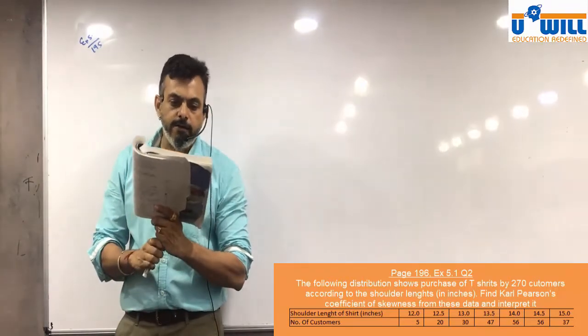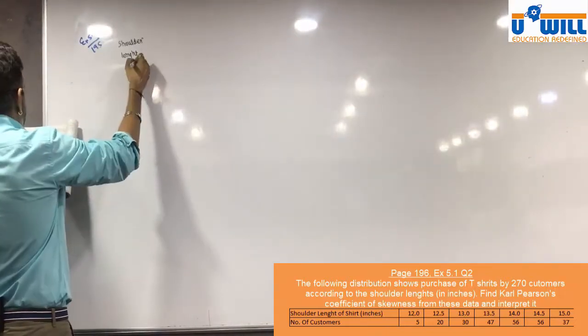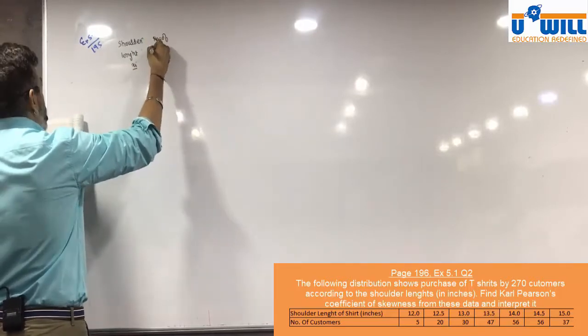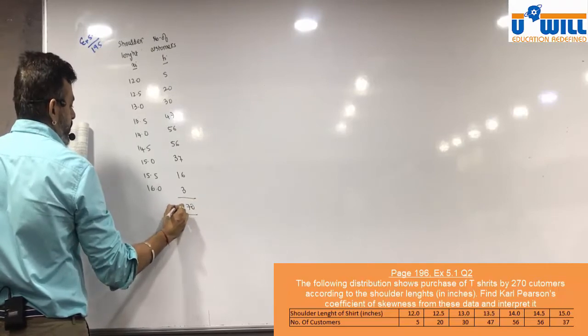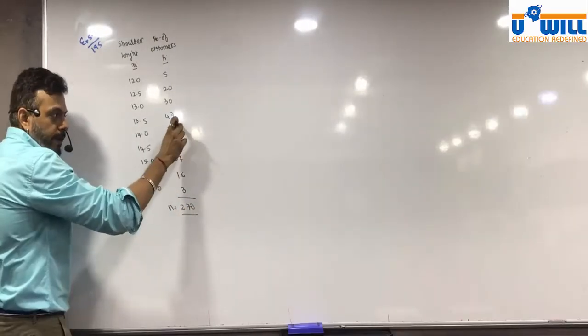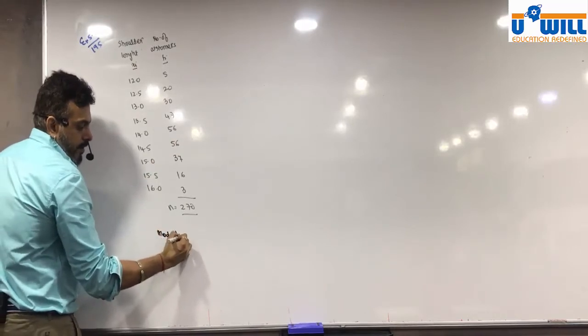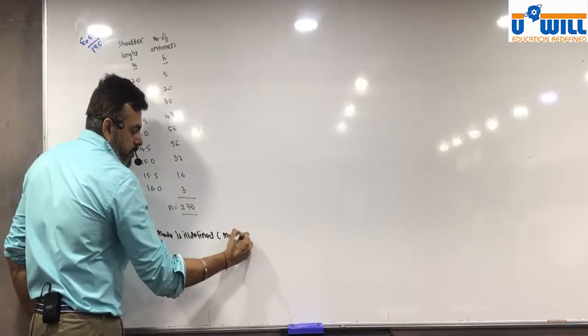Now let's write the question. Shoulder length xi, it's discrete data. Number of customers, total is 270. N is equal to 270. There is more than one mode, so mode is ill-defined. How is it ill-defined? More than one mode.